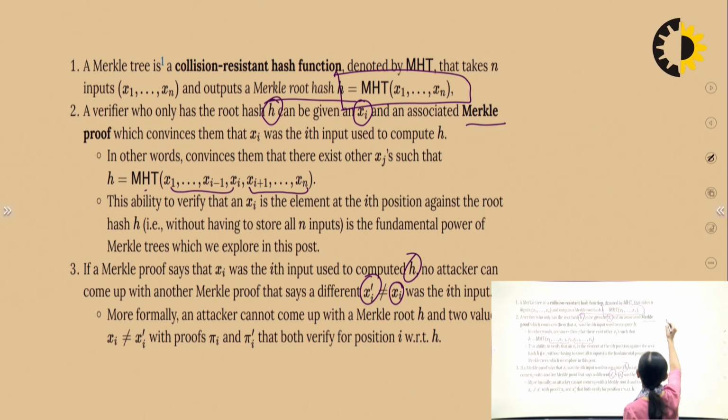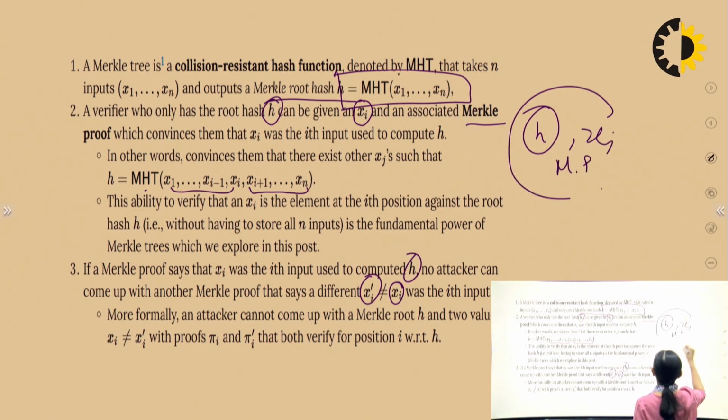This says that if I have been provided H, Xi and some Merkle proof, then with all these three things, I can come to a conclusion that this Xi is part of my Merkle tree and its leaf position is the ith position.